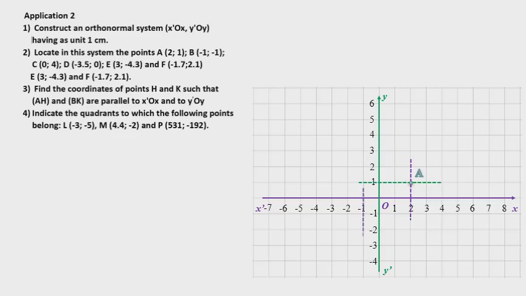We have B, which is (-1, -1), here B. C (0, 4), so it's on the ordinate axis. D, we have -3.5 and 0. We have E (3, -4.3). F (-1.7, 2.1).